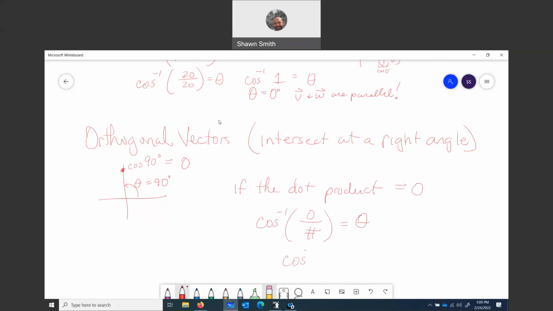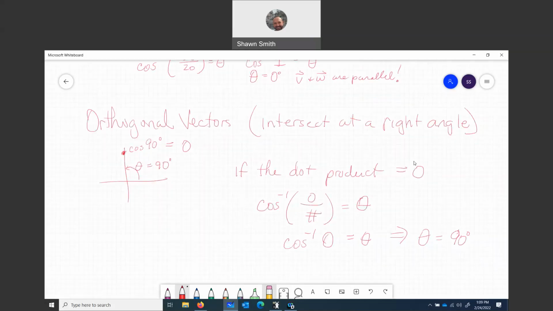Inverse cosine of 0 is theta, so therefore theta is equal to 90 degrees. So all you'd have to do for these, you can go through the whole process, but if you get your dot product to be 0, that means you have orthogonal vectors.